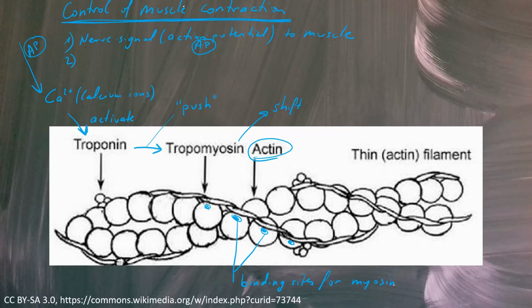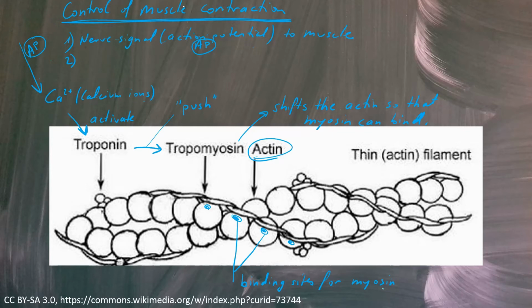So it shifts, and kind of pushes on the actin, or if you don't like shifts, you can say pushes the actin, maybe the same thing, so that the binding sites for myosin are exposed and myosin can bind. Maybe that is the better way to say this. So it shifts the actin, kind of pushes it away.